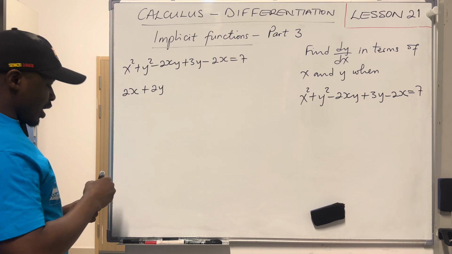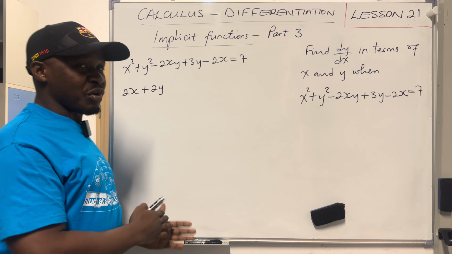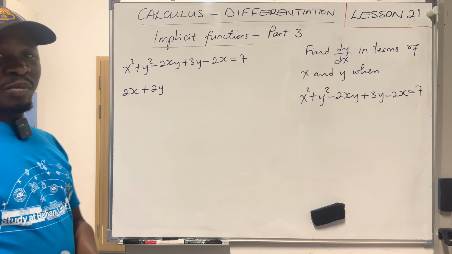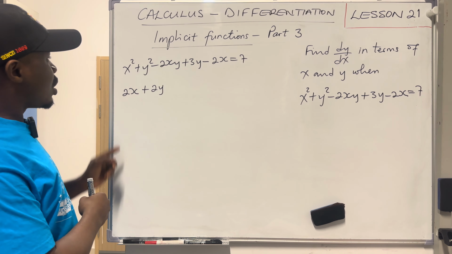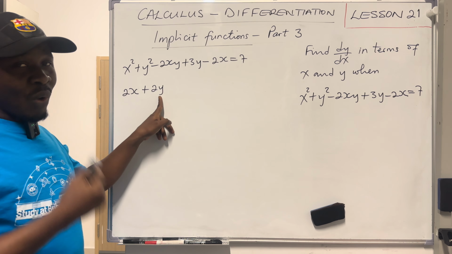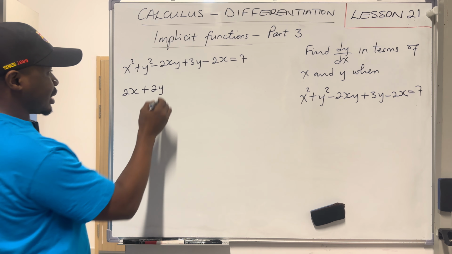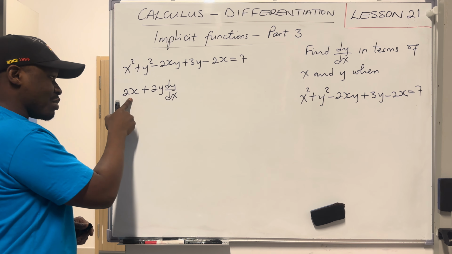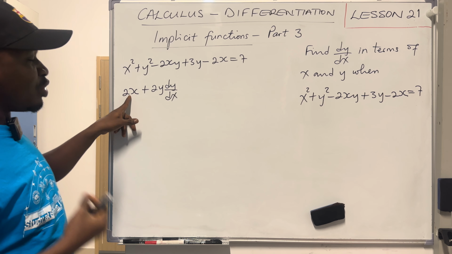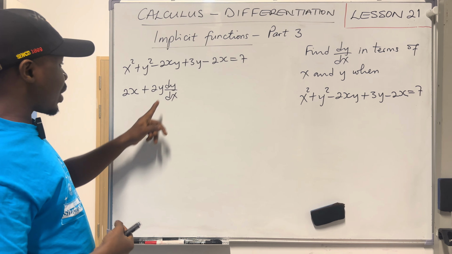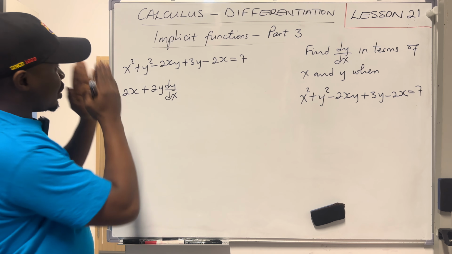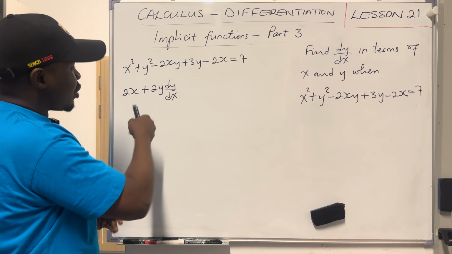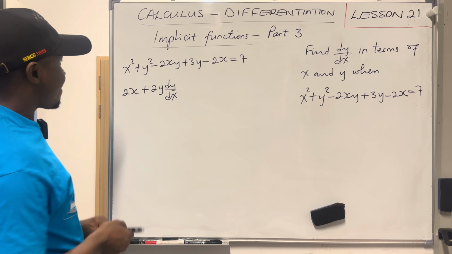We write the power. But the difference between implicit functions and the normal function is that for an implicit function, whenever you differentiate y, you're supposed to attach dy dx. We did not do that here because the rule is not for when you differentiate x. The rule is whenever you differentiate y, then you attach dy dx.